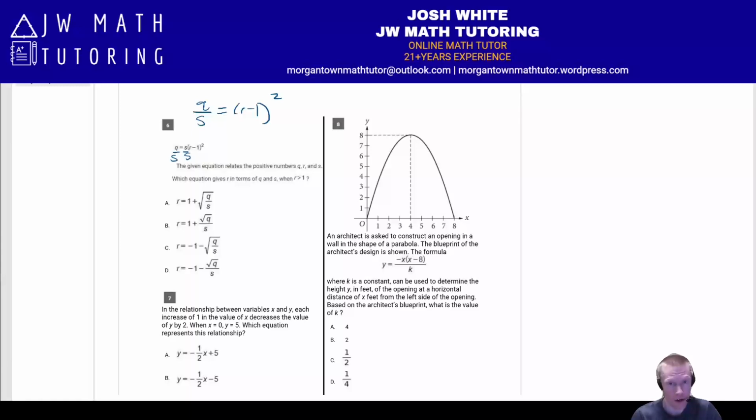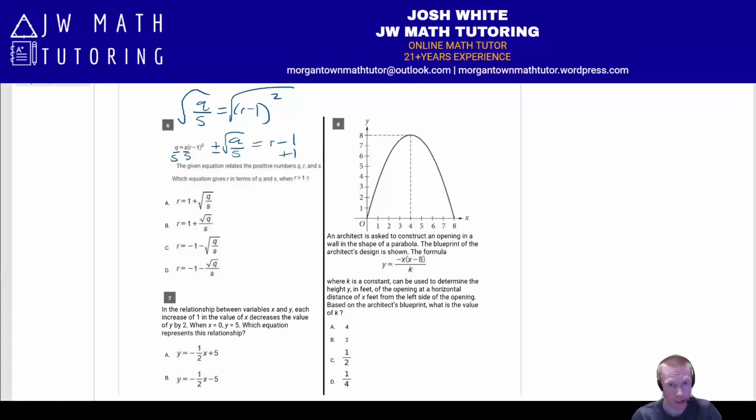That'll get rid of the squared, and that would leave just the R by itself, not trapped in a parentheses like it is right now. So we square root both sides, and we get square root of Q over S equals now R minus 1. Technically, you would put a plus or minus here in the formula. And then the last step would just be to add 1.